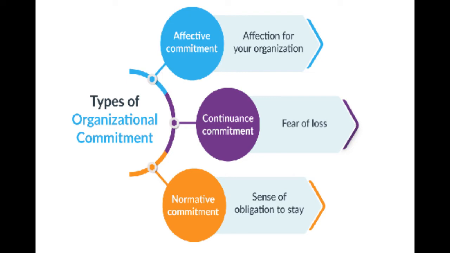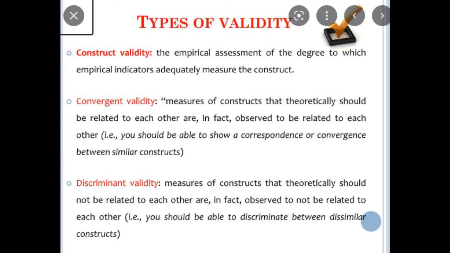So organizational commitment cannot be directly measured, but it can be observed through these three dimensions: affective, normative, and continuance. So in research, it's important to operationalize constructs into concrete and measurable characteristics based on your idea of the construct and its dimensions.